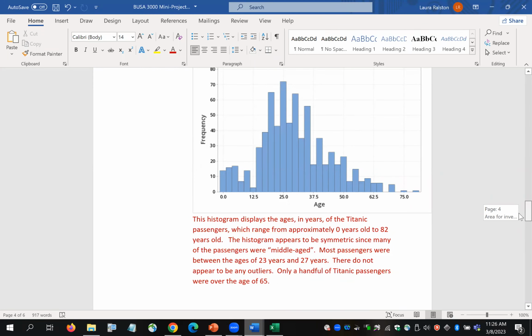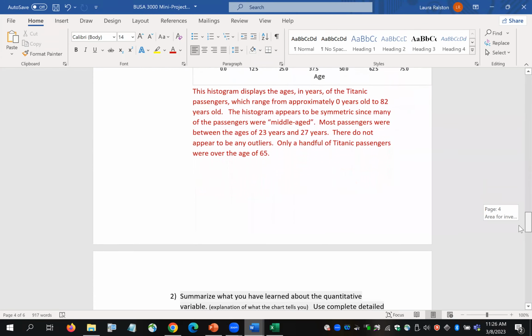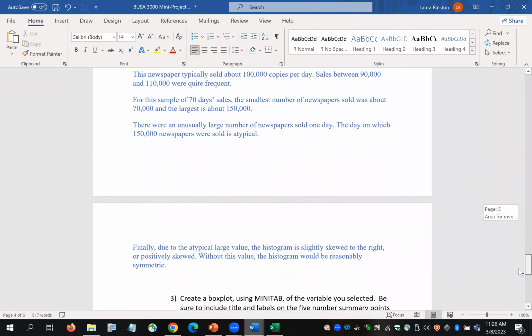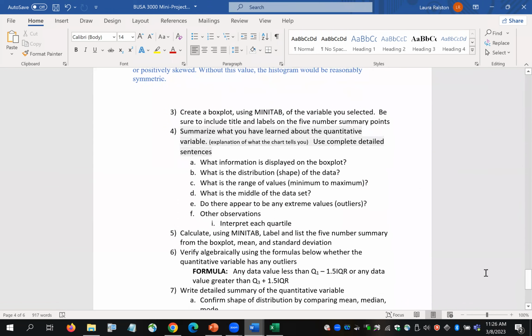Again, I'm trying to do two things at once, show you the example and show you how to do it at the same time. Okay, so we finished with that graph. Then I ask you to create the box plot, and then we're going to summarize what it says.